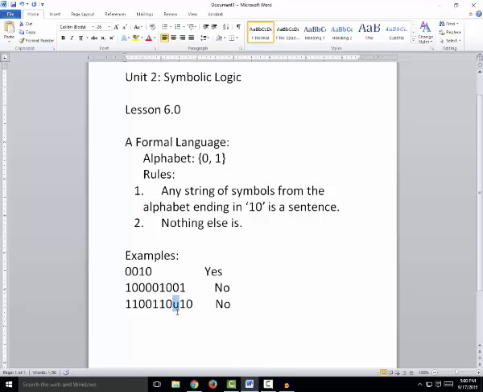This symbol in here messes the whole thing up. Because there's a symbol in there that's not recognized, not part of the alphabet, it's not part of the language either. Okay, now this is just a little example of what a formal language looks like. And you see that it's a purely syntactic concept. I haven't said anything about what these supposed sentences mean, or what they're used to talk about. The idea of a formal language is purely syntactic.